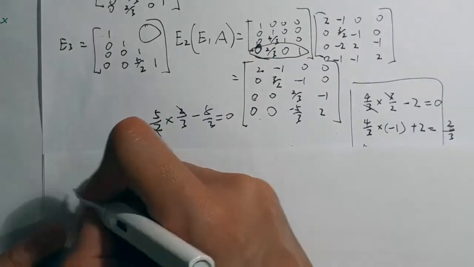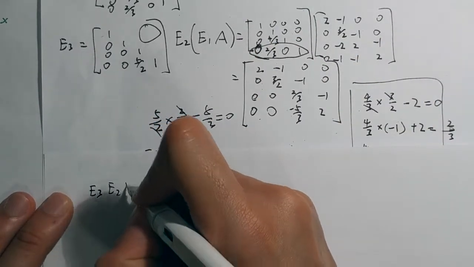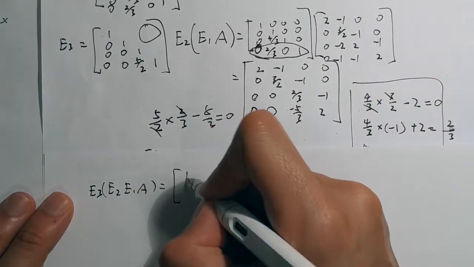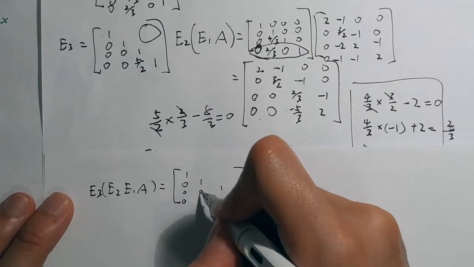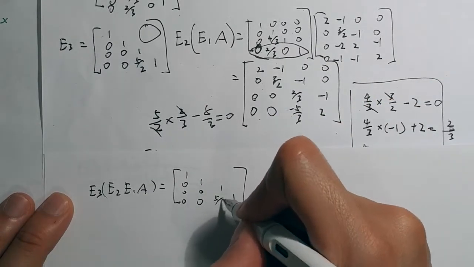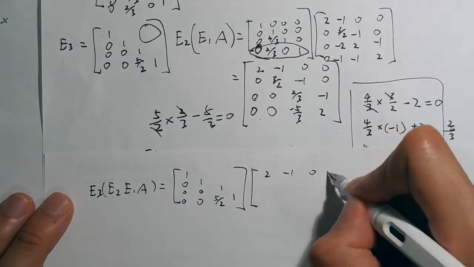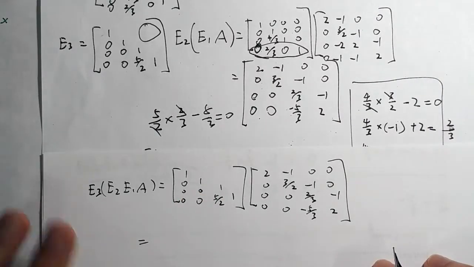So as a result, we copy E3 and then multiply the result of the previous ones, which equals 1, 1, 1, 1, 0, 0, 0, 0, 0, and 5 over 2 times the result in here. Just copy this. Okay, let's do the multiplication.